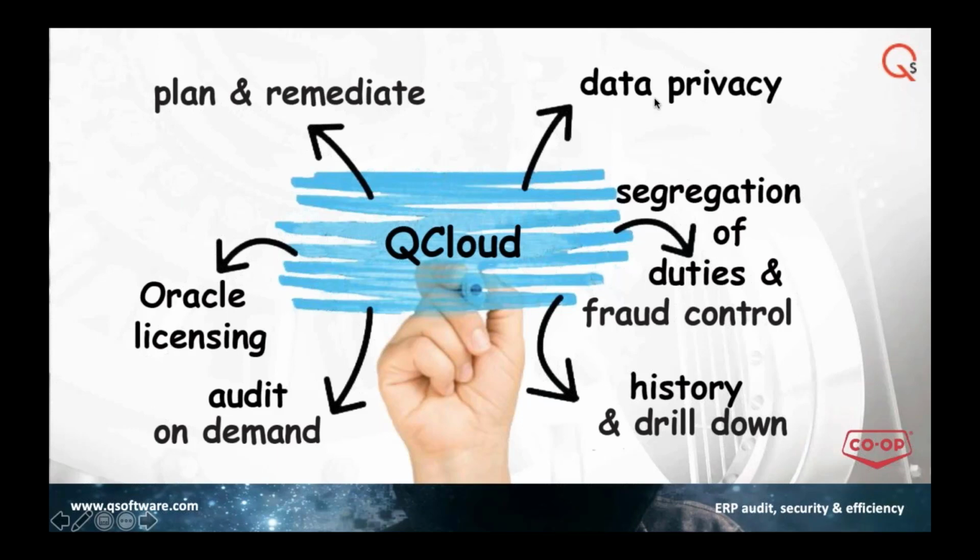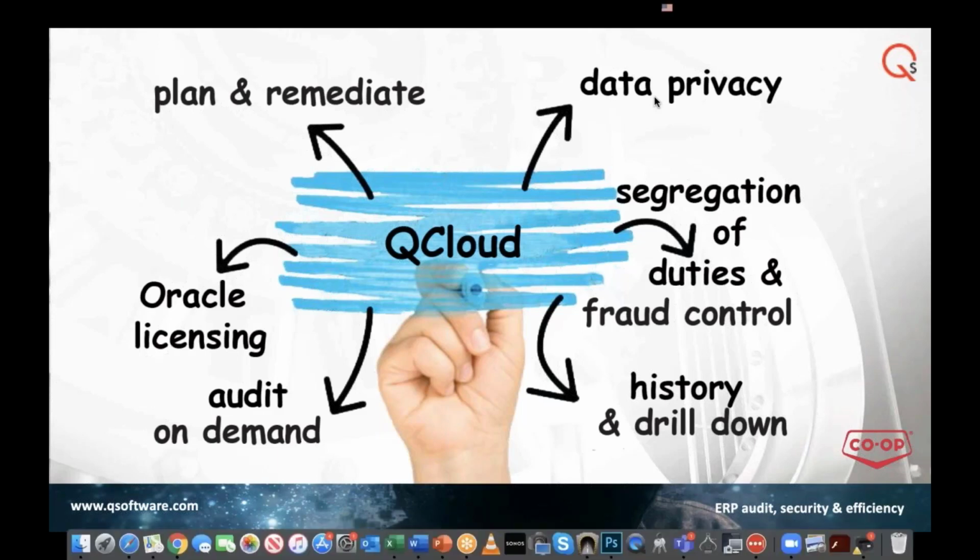We have a large number of clients now asking us to assess this. There is obviously something going on in the Oracle sphere where they're putting pressure on customers to look at their licensing. So we can run an audit of your licensing. And the next phase of this is data privacy, so you can understand what in your JD Edwards system is relevant to data privacy.